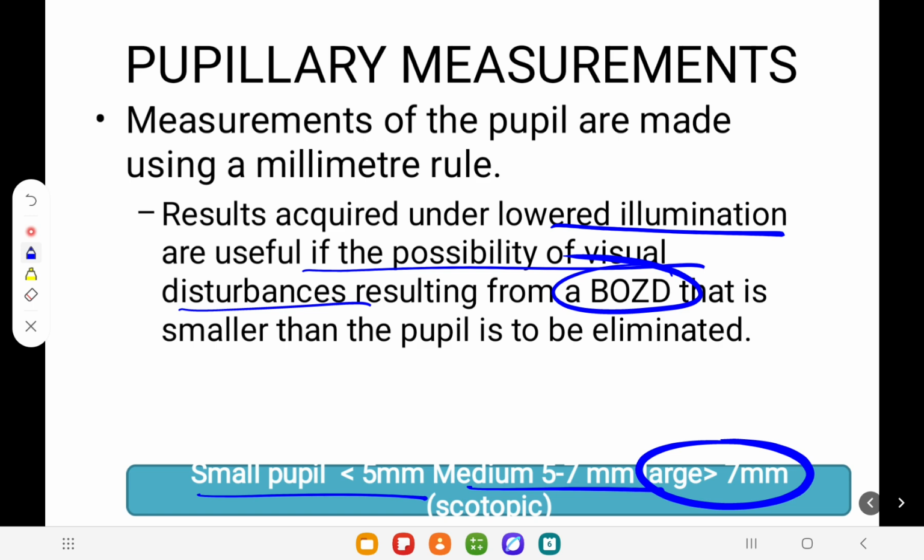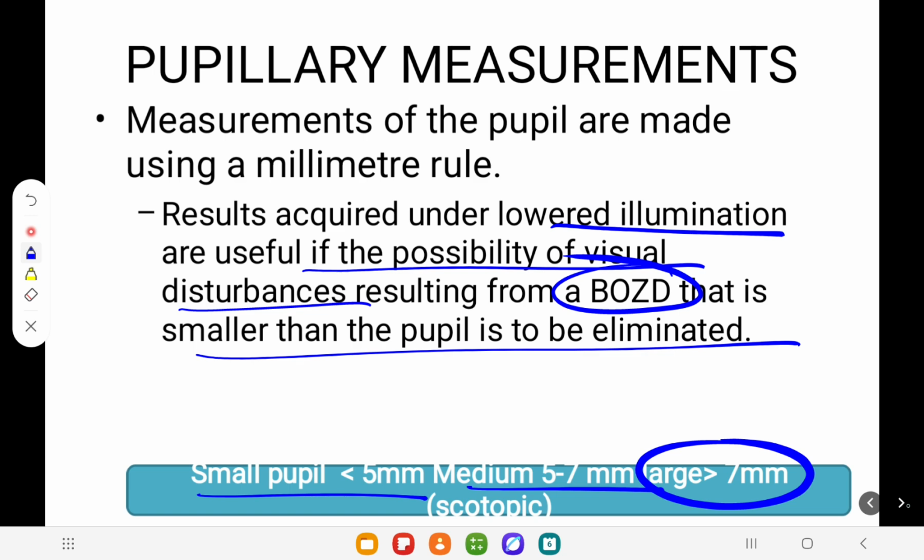We want our BOZD of the contact lens to fully cover it during that lower illumination. The condition where the BOZD is smaller than the pupil is to be eliminated. We don't want the pupil size larger than the BOZD. So in scotopic condition we want the BOZD to completely cover our pupil.